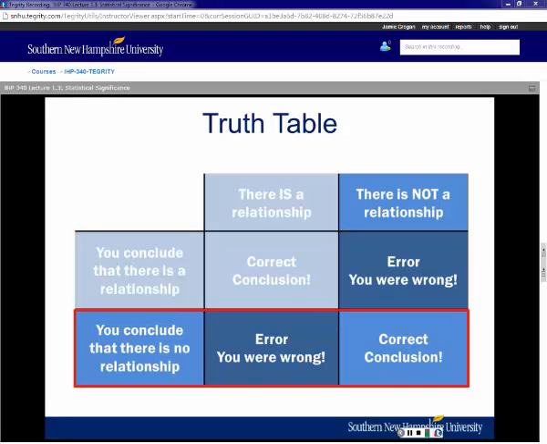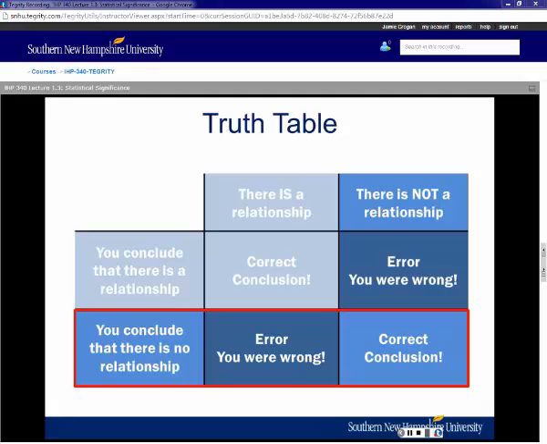There's also the other conclusion that I could make. I could conclude that there is no relationship. I didn't find any relationship between X and Y. Of course, I could be right or wrong about this conclusion as well. And I don't know until someone else tries to replicate my results. So if I find no relationship and everyone else does too, well then I know I've made the correct conclusion.